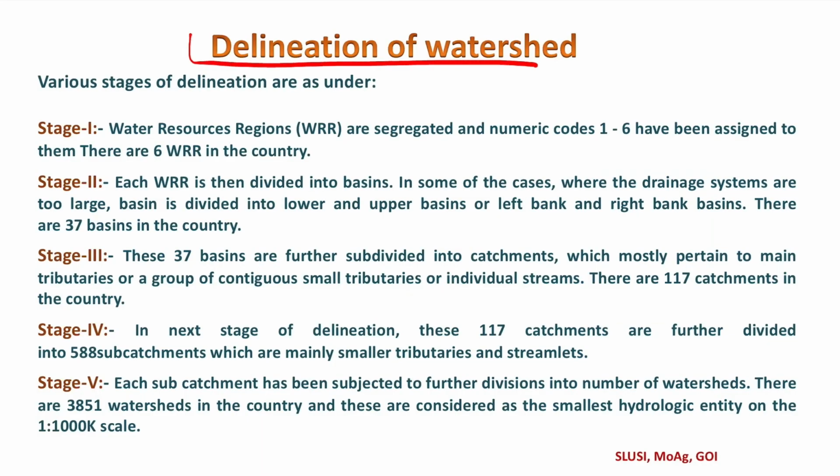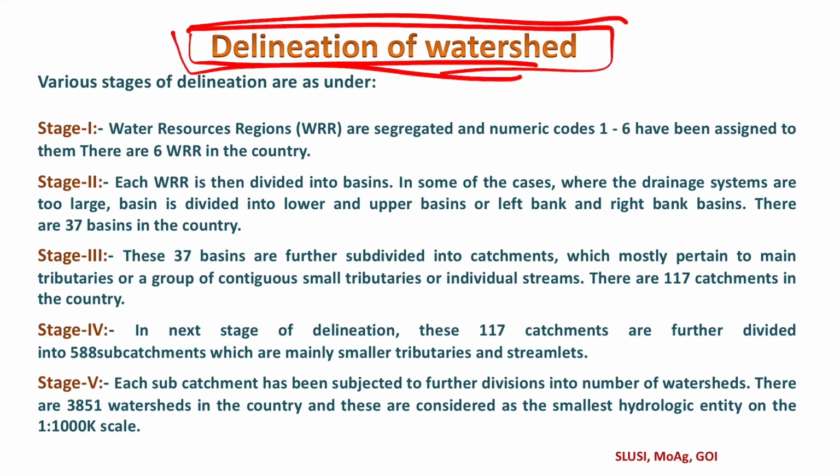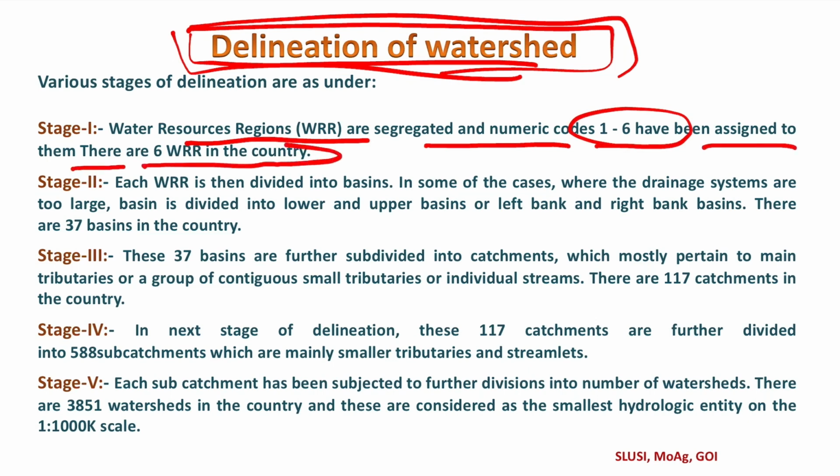Then delineation of watershed: how we can characterize or how we can delineate a watershed. Various stages of delineation are like stage 1, water resource regions are segregated and numerics 1 to 6 have been assigned to them. There are 6 water resource regions in the country.